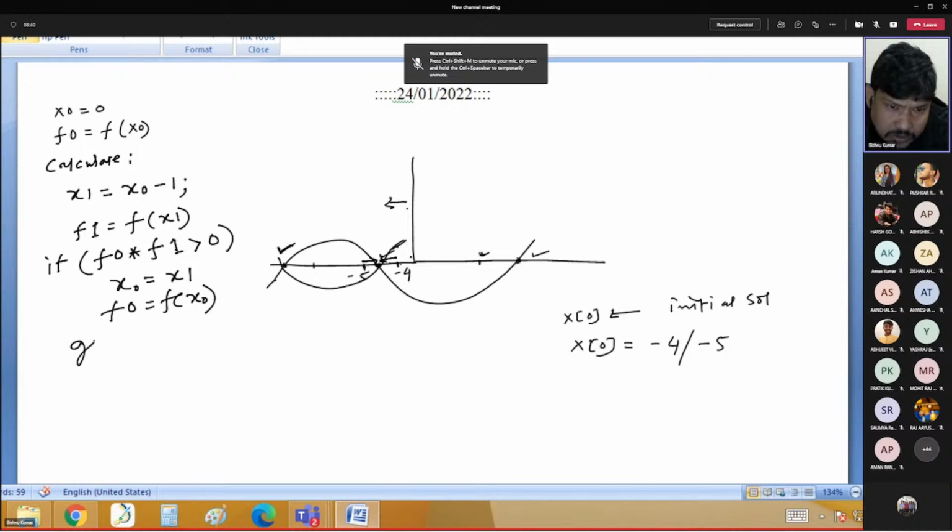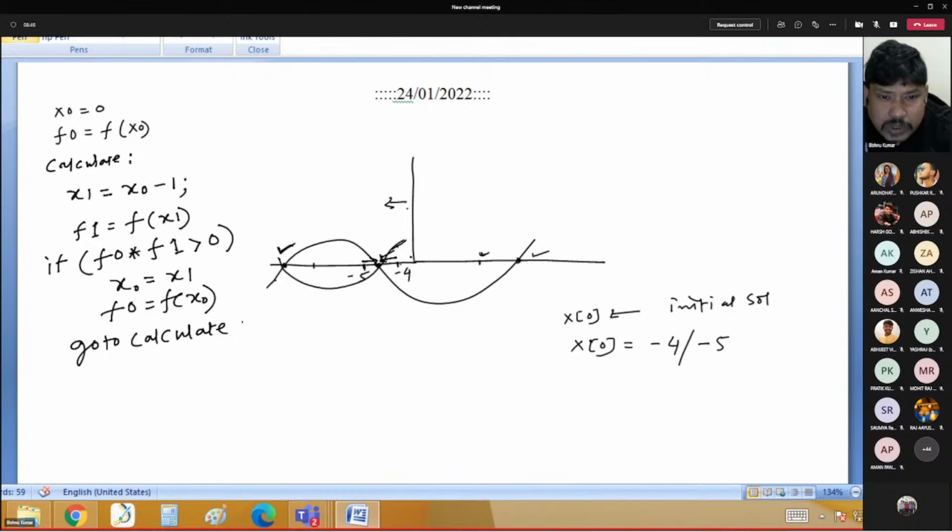Go to the loop, and in this loop it will give you 2 points, x0 and x1. In between those 2 points the graph is changing sign, and those 2 points are from the origin to the left-hand side. Is it okay?